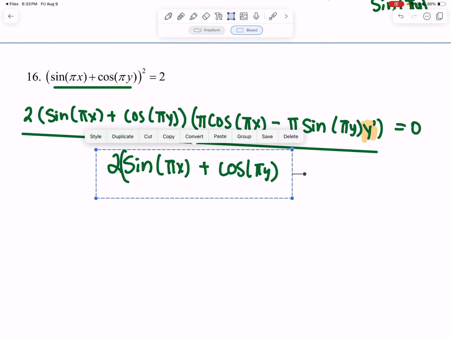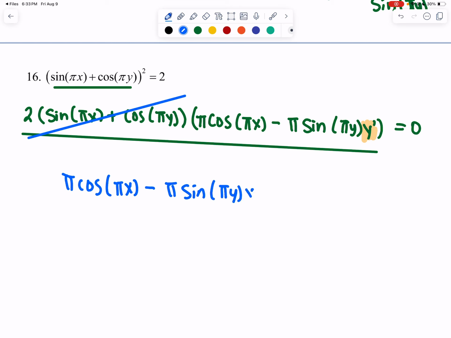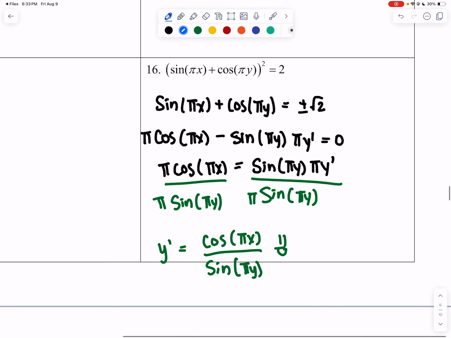Crazy, I know. So this is going to cancel out. And then we're left with cosine pi x times pi minus pi sine pi y prime is equal to 0. And this is where we started out on number 16.